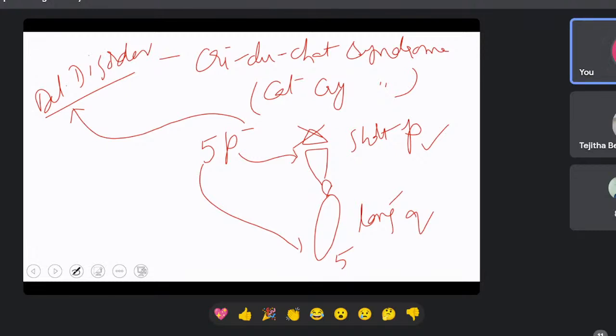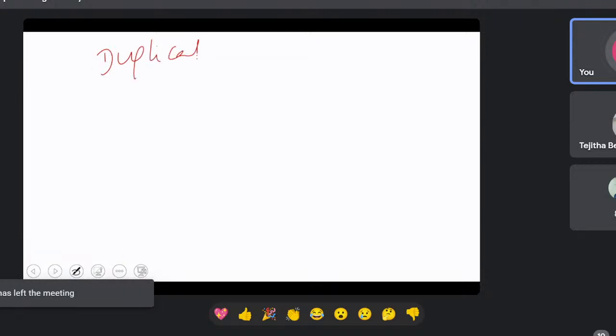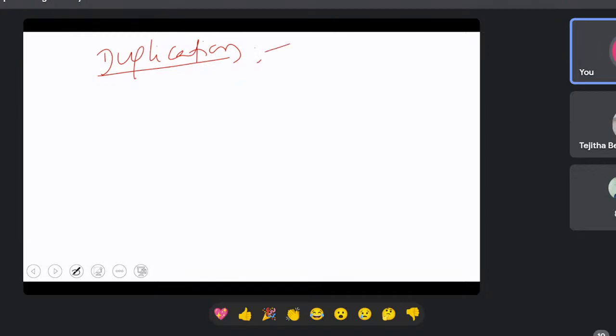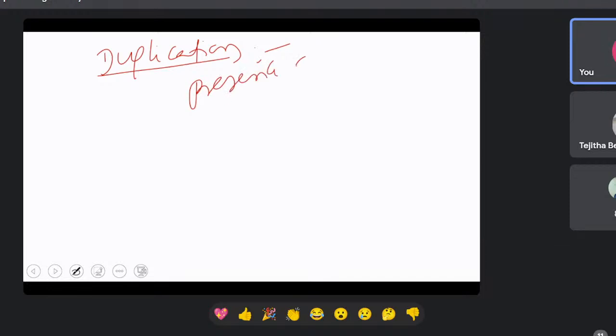Okay, next, the second one is duplication. As the name implies, it is nothing but a segment of a chromosome being duplicated.